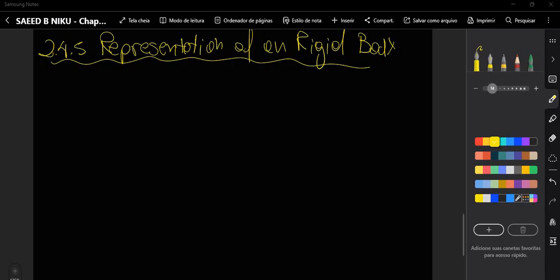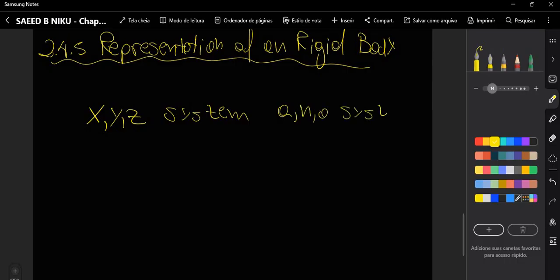An object can be represented in a space by linking a referential on it and representing this referential like x, y, z coordinates and an x, y, z system, an n, o, a system, and those are referential systems.